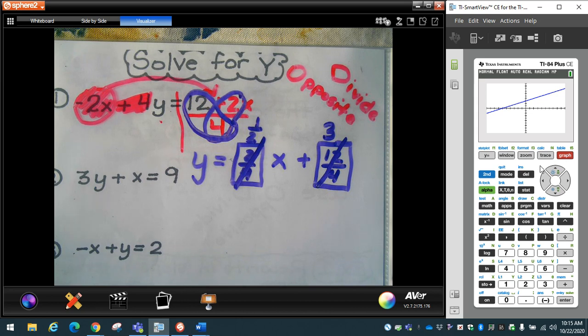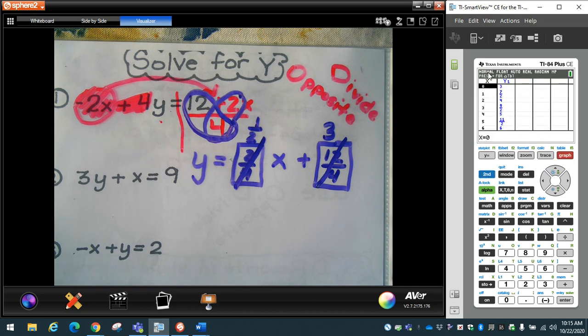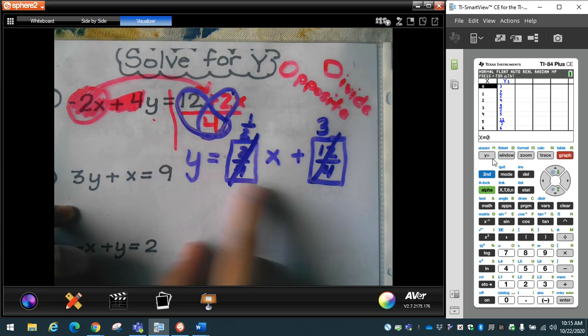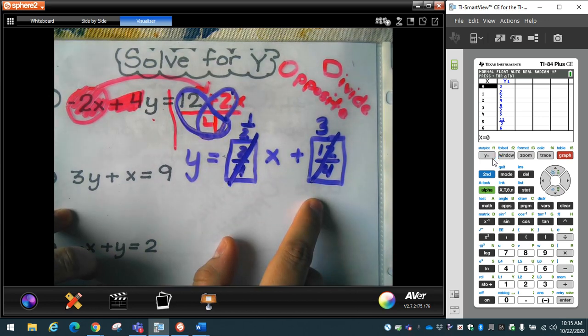To see the table, I would just press second graph. And now I can see my table. So that is why it's very important that we know how to solve for y. Because in our calculator, the button is called y equals, and so it has to have y equals and then the rest of my equation. All right, guys, that's the end of this video.